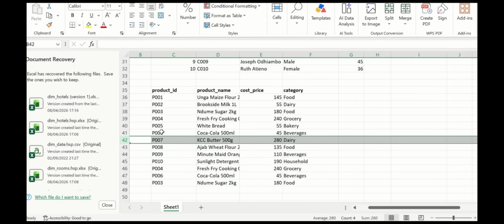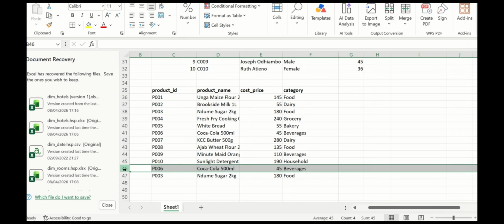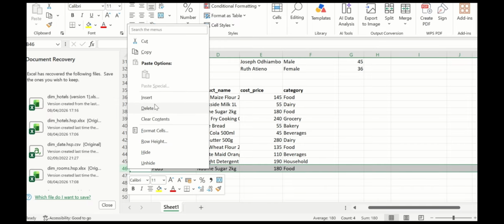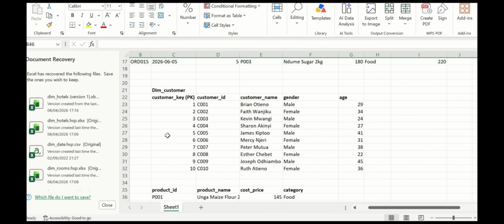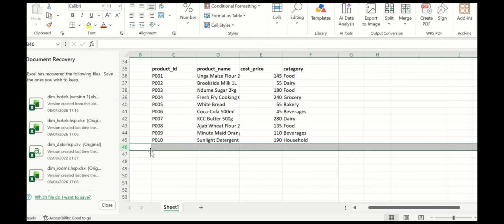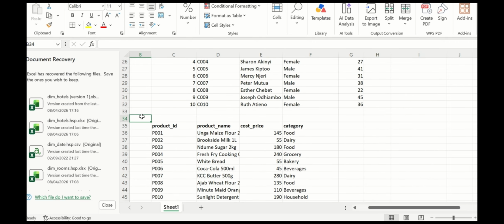Any other duplicates? Yeah, we have 4 here, we remove it, and then we have also 6 here, we remove it. So we have 10 products. This is our dimensional products table, so let's call it dim products.